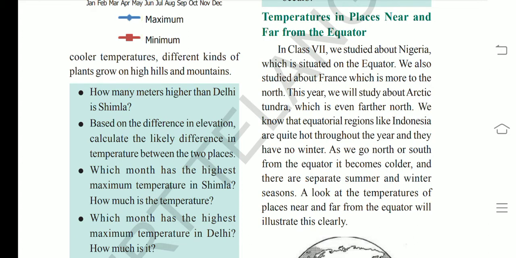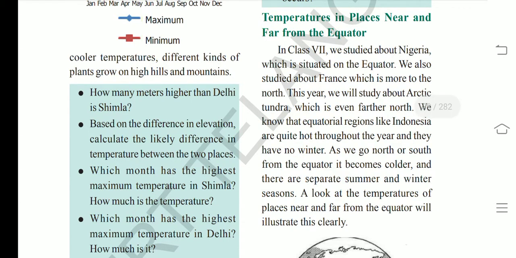And here we will study the Arctic tundra region, which is above the Tropic of Cancer and Tropic of Capricorn. So it is almost near to the north, that is the tundra region.